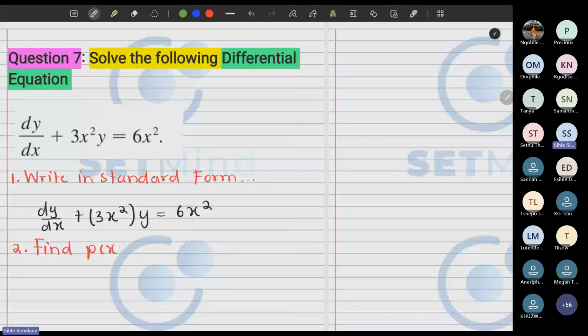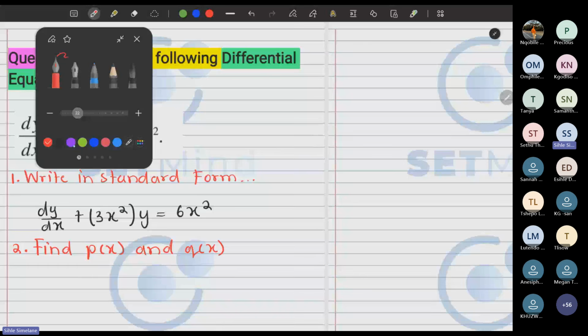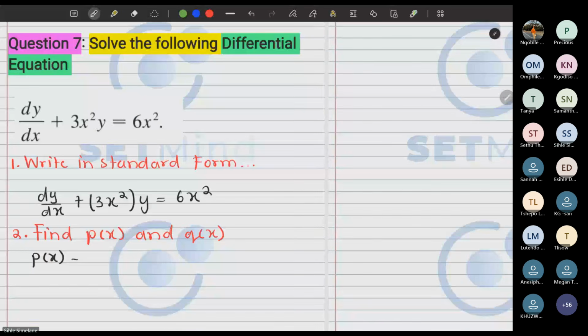p of x and q of x. So people in the meeting, what is p of x, guys? Any volunteer? And what is q of x? 3x squared. P of x is what?